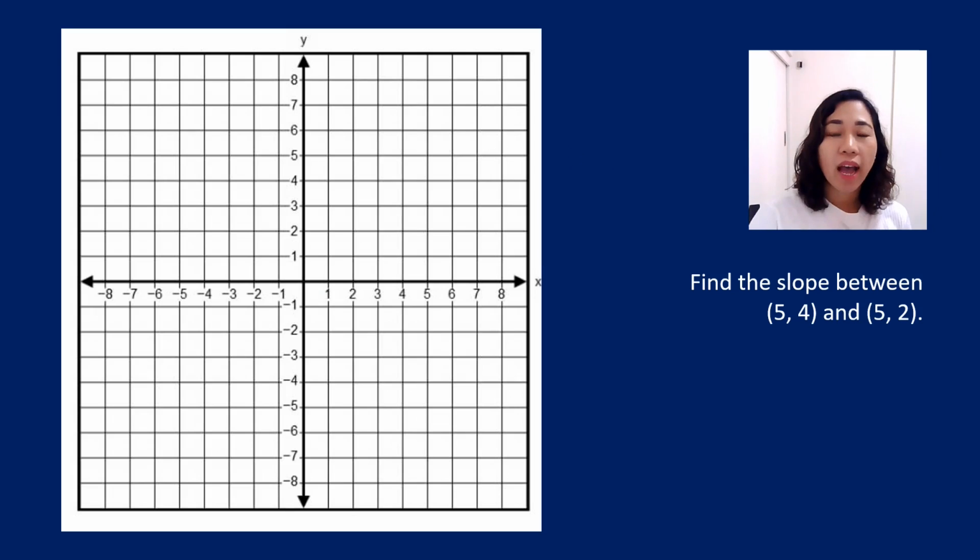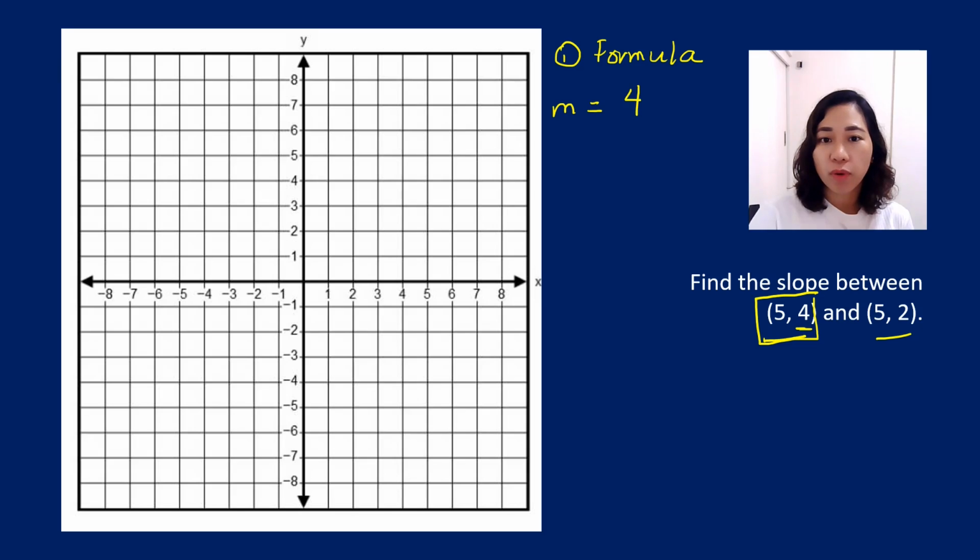Okay? Let's have another example. Suppose we want to find the slope between (5, 4) and (5, 2) using our formula. My slope m, rise over run, suppose I start with this one, change in y. So 4 minus 2, correct?